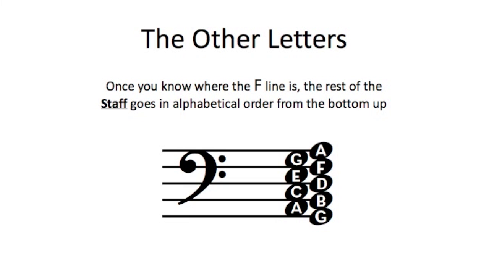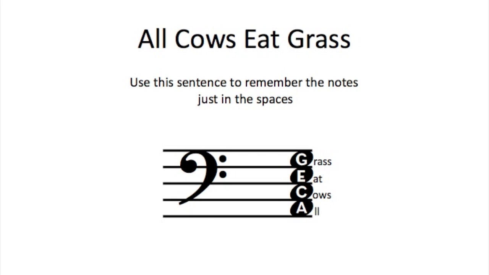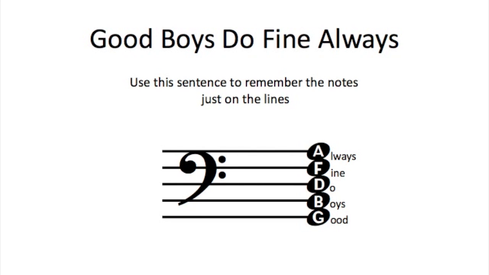The shortcut to reading notes just in the spaces when reading the bass clef is to think of the sentence, all cows eat grass. This will make the bottom space the letter A, and then continue every other letter, A, C, E, G. The sentence to remember to quickly identify notes on the lines would be good boys do fine always.